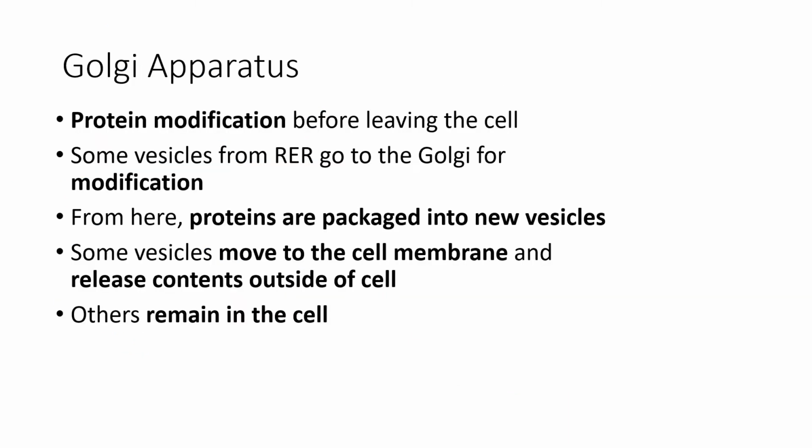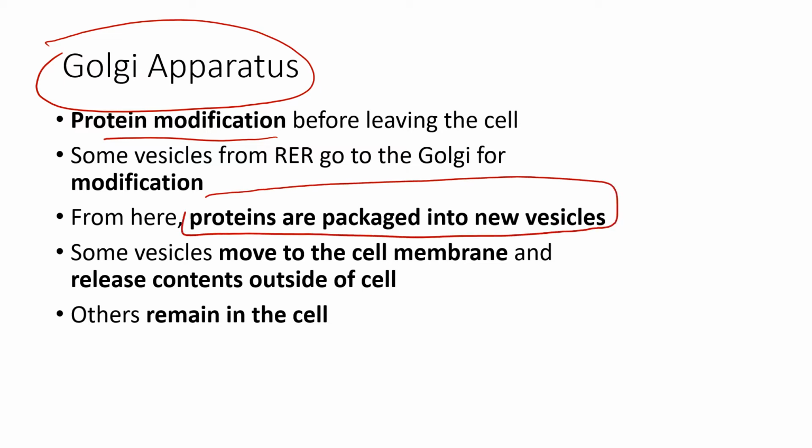The Golgi apparatus. This is a section of the cell that modifies proteins before they leave. Some vesicles from the rough ER go to the Golgi to get modified, and from there proteins are packaged into new vesicles.